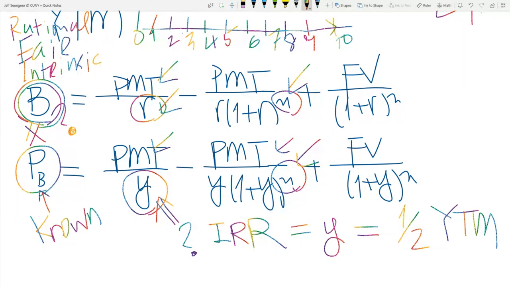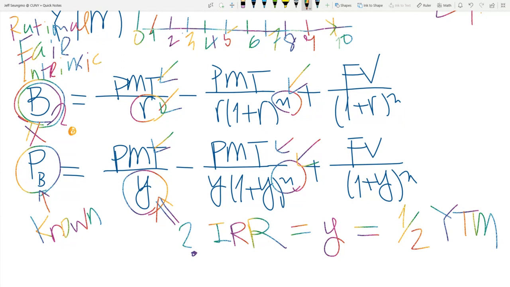For those 20 semesters, the discount rate, there can be only one discount rate that can make the right-hand side of the equation equal to the left-hand side, right? And that number is the half-year yield.